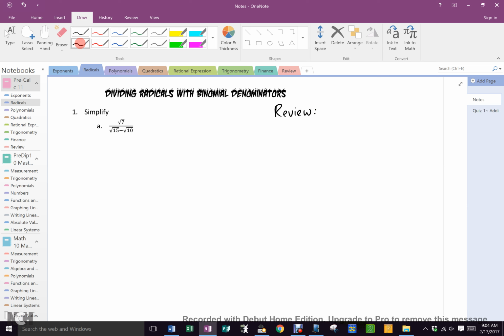What is different from the 2 things I'm about to write down? 4x plus 2y squared and 4x minus 2y times 4x plus 2y. What is the difference there? Lucas. Right. This is a difference of squares, correct?